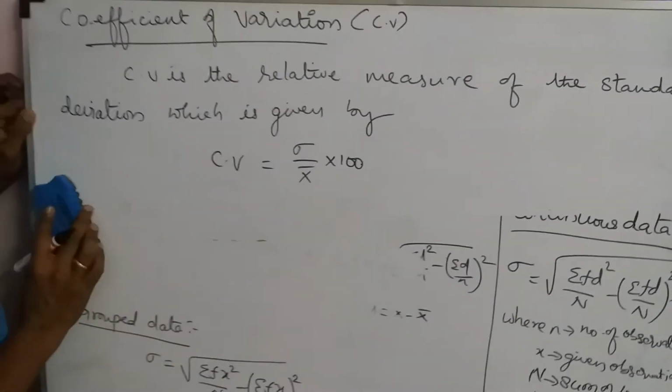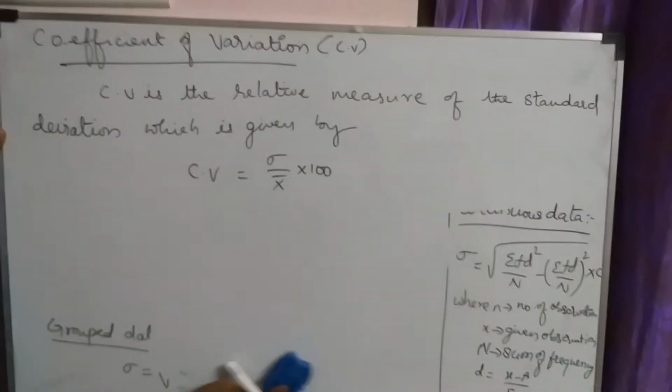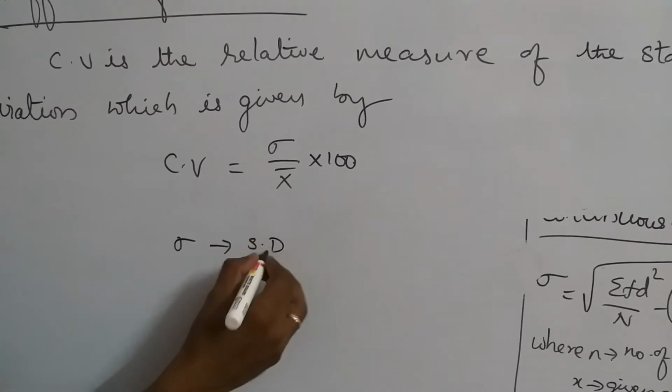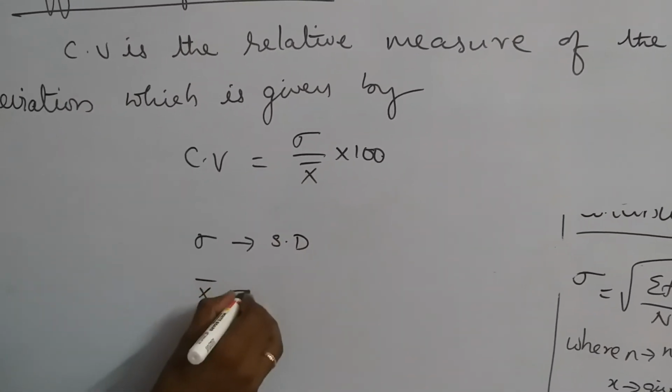Here x bar is nothing but mean. Sigma stands for standard deviation and x bar is the mean.